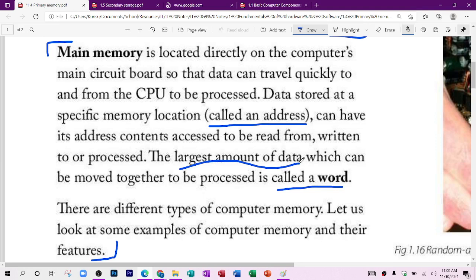Alright, very good. So, as mentioned already, the first line, the main memory is located directly on the computer's main circuit board so that the data can travel quickly from and to the CPU so that it can be processed.